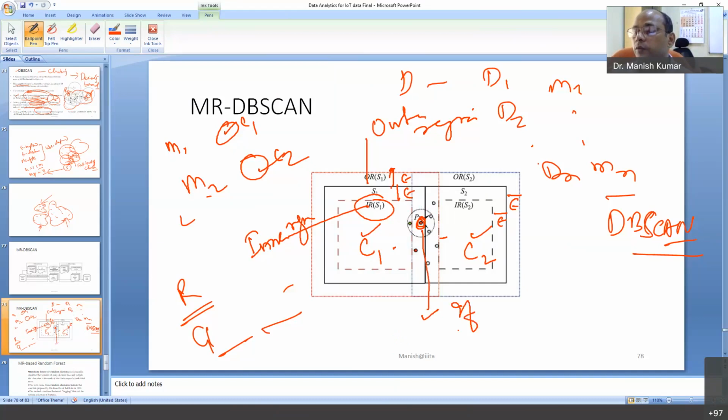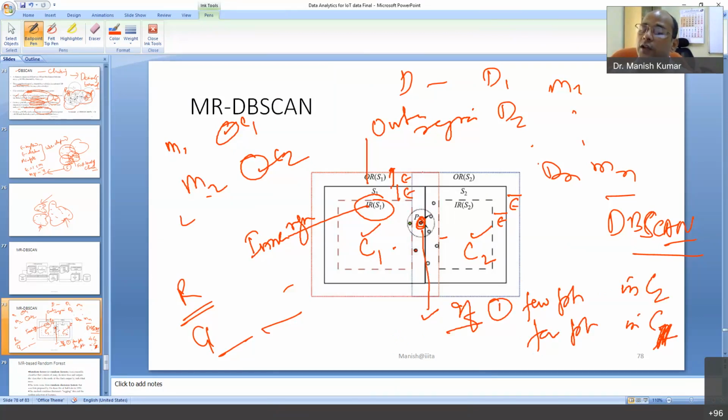If there are a few points in C2 and a few points in C1, then the answer is merge. Otherwise, do not merge.